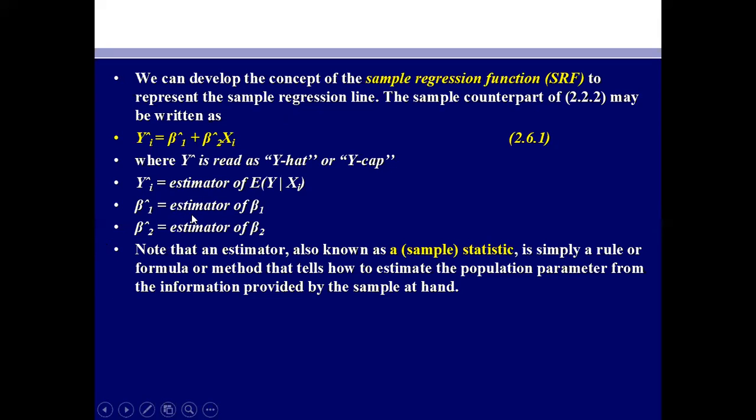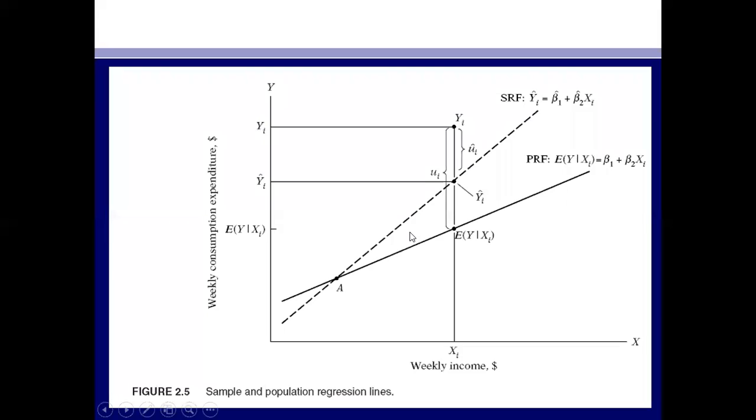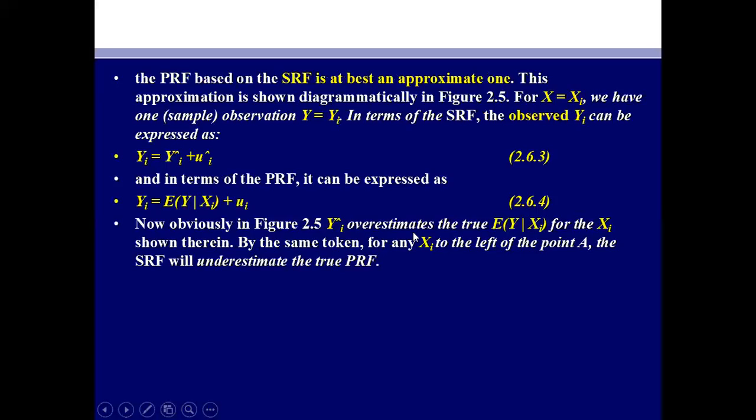Another thing that I would like to make clear here is that the numeric value that you can calculate for an estimator depends on a particular sample. For example, sample number 1, right?